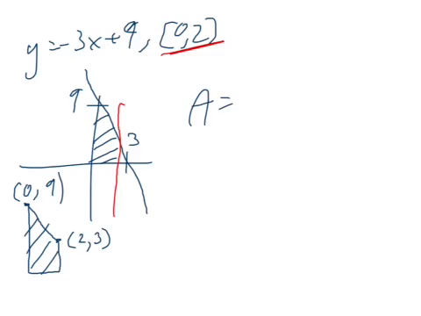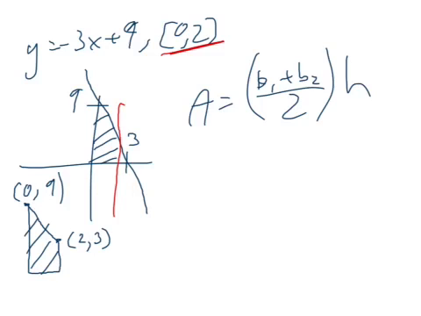The area of a trapezoid is you average the bases, that's how I memorize it, times the height. Well, the bases are, it's kind of sideways, but the bases are here, here, and that, I guess I should label this. This is at 2, 0, and this is at 0, 0.